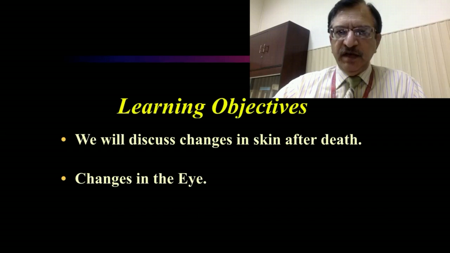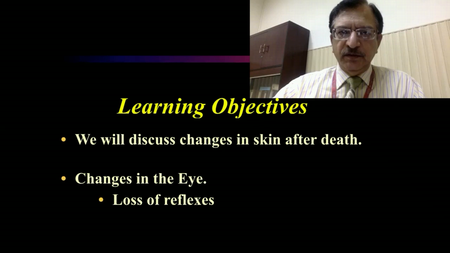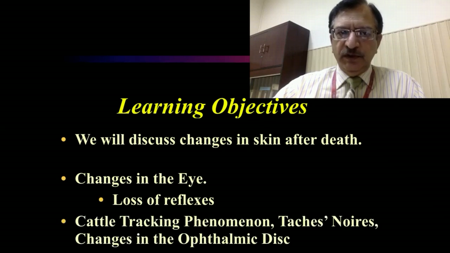Then the changes in the eye: immediately there is a loss of innervation and we lose the reflexes, the corneal reflex, the conjunctival reflex, the light reflex. But there are also other changes which are important to know, like cattle tracking phenomena, tâches noires, and changes in the ophthalmic disc.